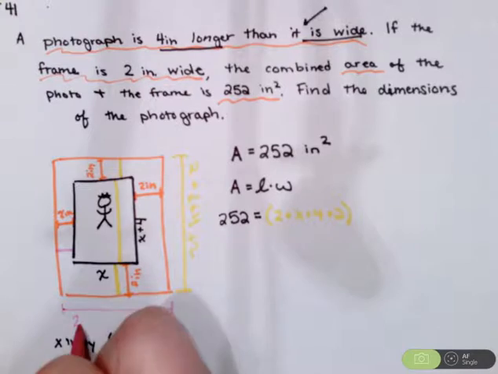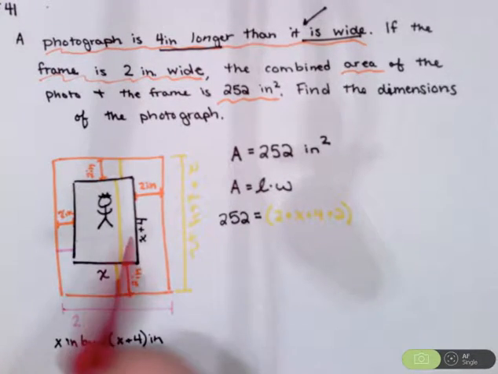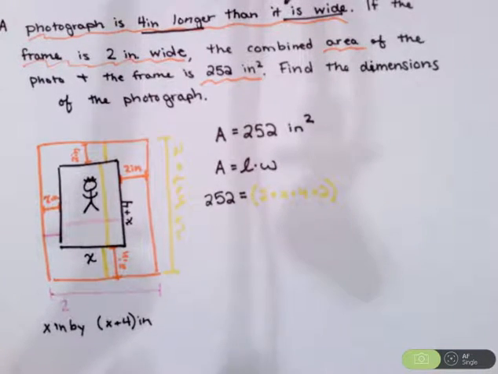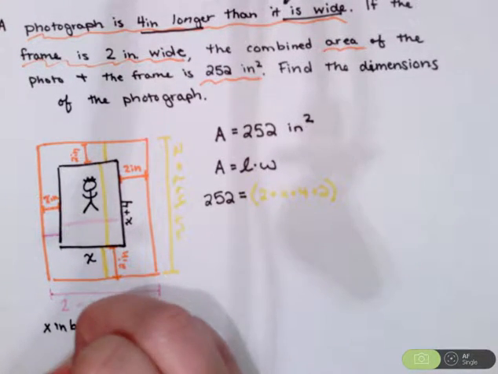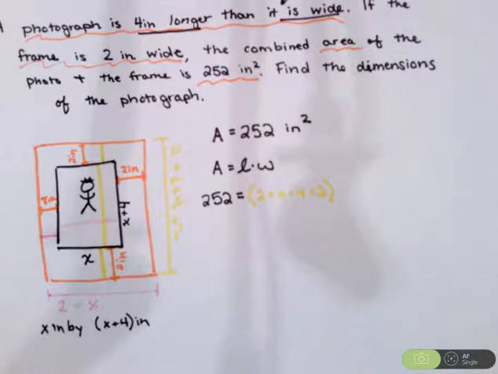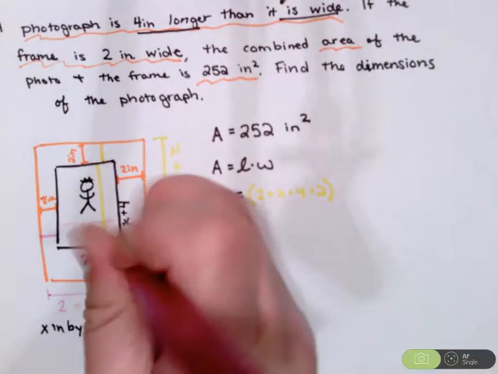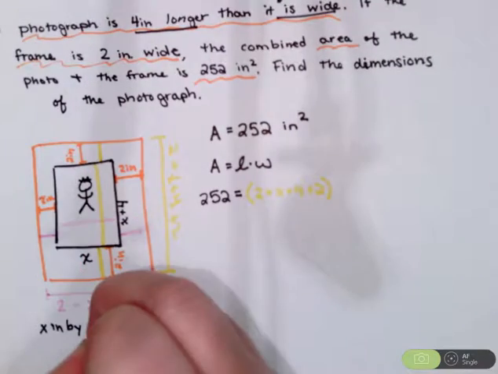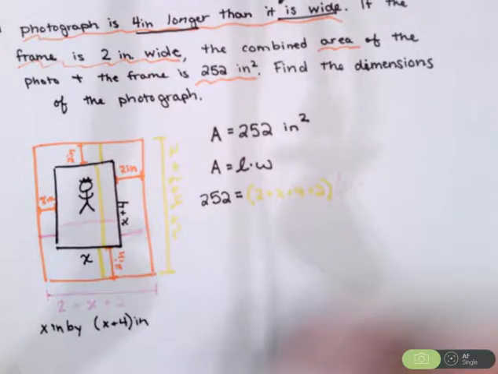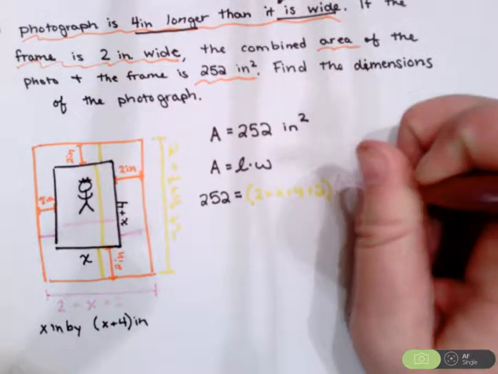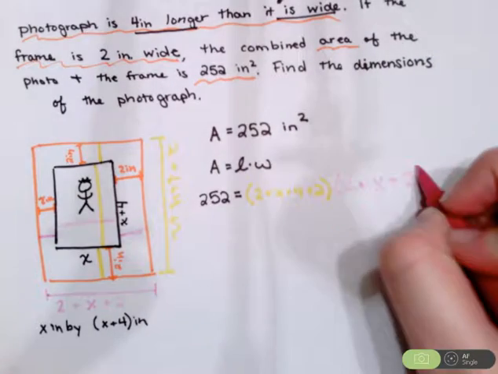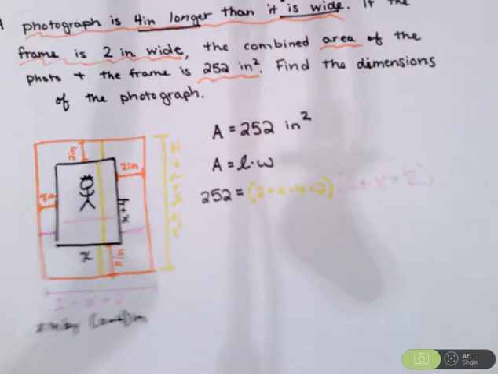Then it's the width of my photograph, which is x, so I have an additional x. I'm determined to make it work. And then I still have this little section here, which is again 2 inches, so plus 2. So my width is 2 plus x plus 2. This marker's got to be thrown away. You can kind of see that.